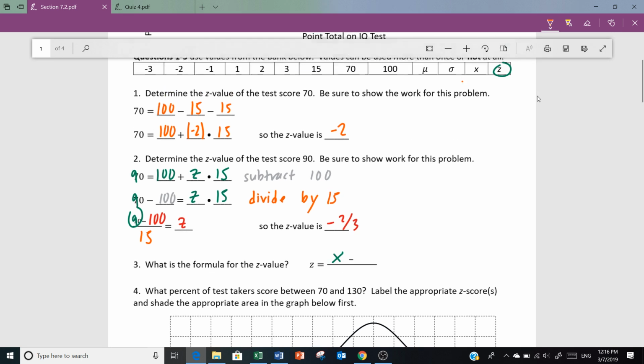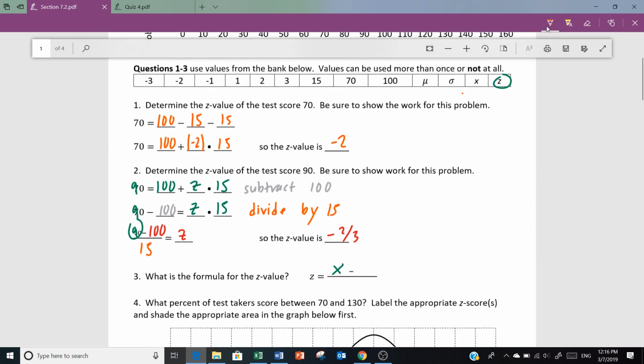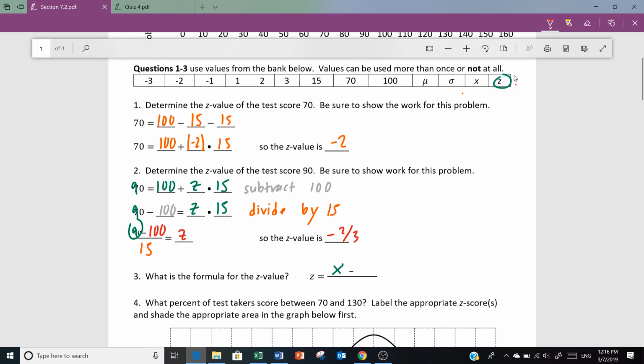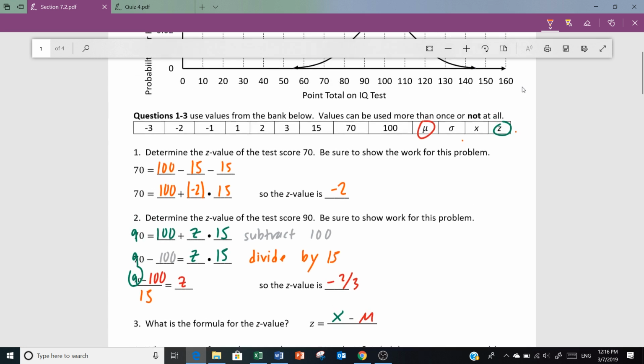Mean, and our mean is this symbol. So I want to subtract the mean and then divide by the 15, which is the standard deviation. So that's our z-value formula. We're going to be using that again in the homework.